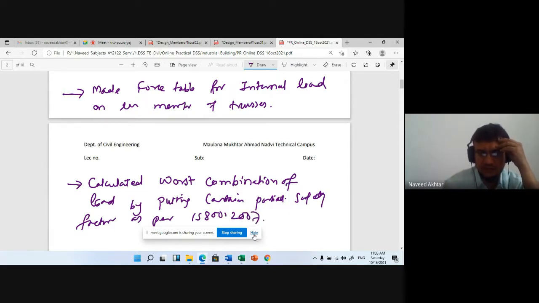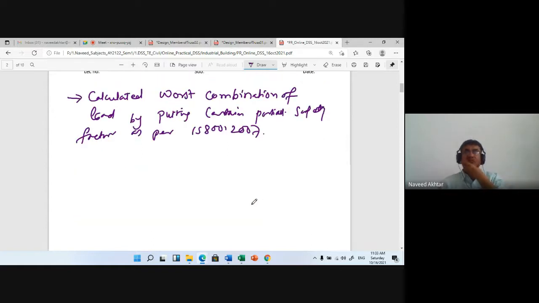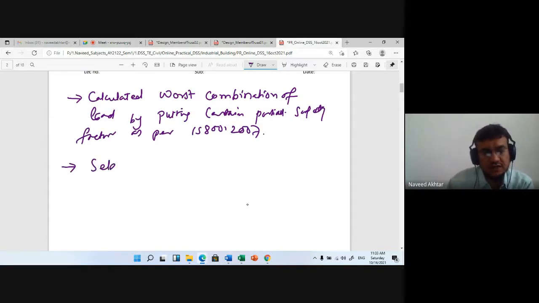So based on that, we have calculated the worst combination of loads, and then from the combination of loading, selected the worst loading members.